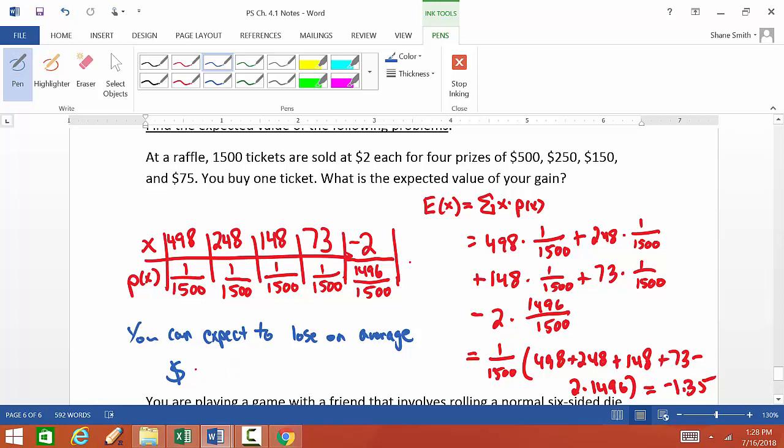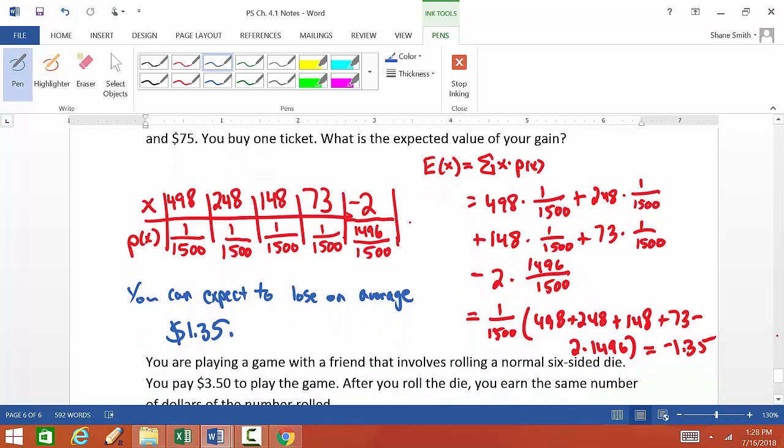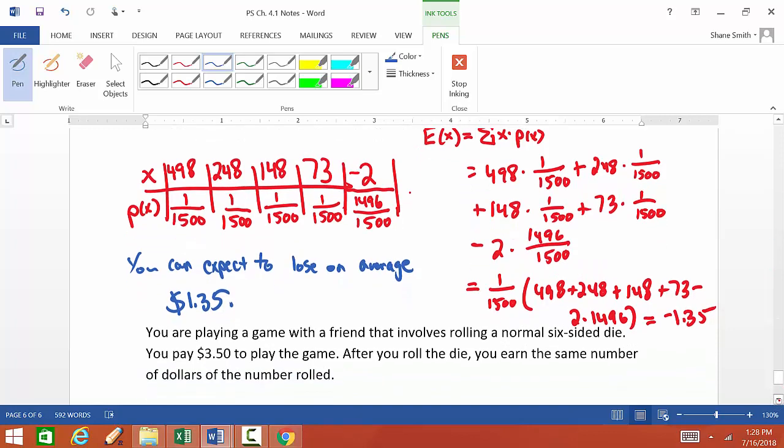Actually, so I already said lose, it would be a double negative. So you don't want to lose a negative amount of money, you just lose a positive amount of money, right? Okay, and that's how you calculate expected value. So come up with the probability distribution first, apply the formula, and then do the math.